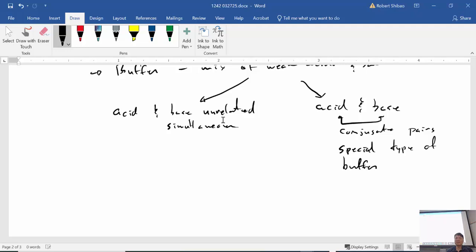And this special type of buffer is called the Henderson-Hasselbalch buffer.